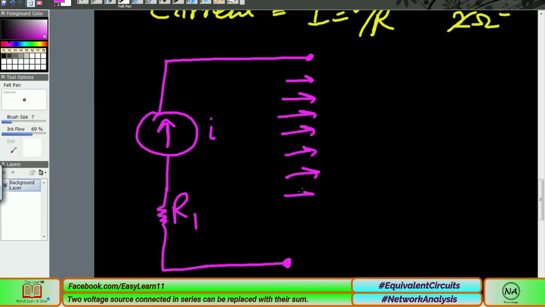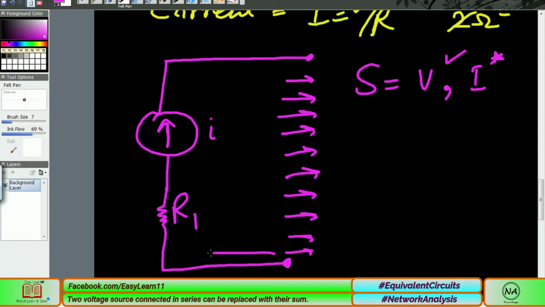So what are the rules actually in series? In a series circuit, what happens, the voltage varies, but the current always remains the same. Voltage varies, so we have to worry about the voltage, because the current is the same.